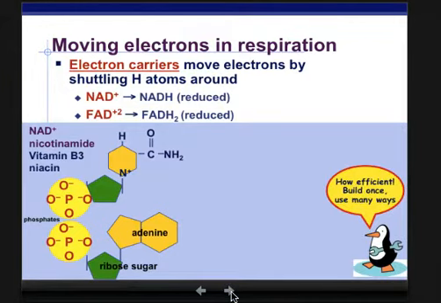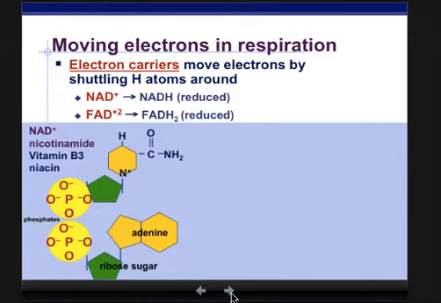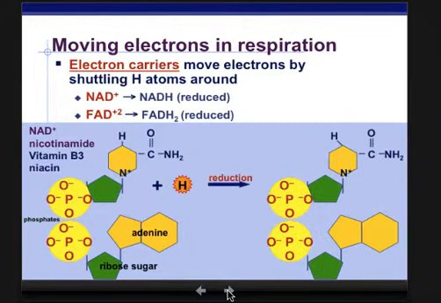So you build this one molecule, and then you get to use it in a bunch of different ways. So here, with a hydrogen, it goes through reduction, and then there it goes, and now it's NADH.